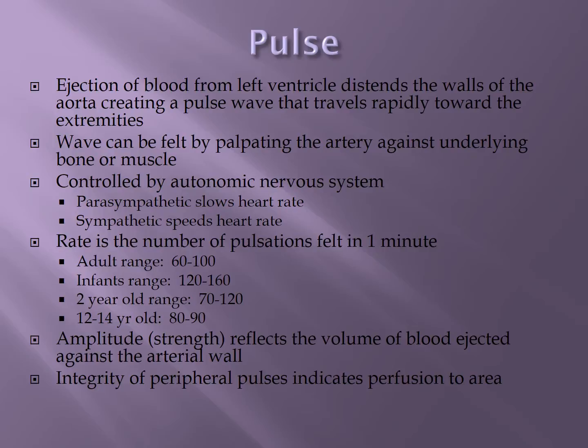And normal stroke volume is 70 milliliters of blood, just a little over 2 ounces. Now, if that amount has been ejected, the amplitude of the pulse is going to be 3 plus according to your ATI book.